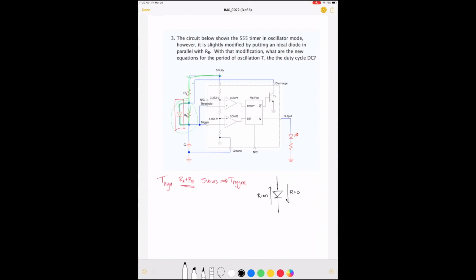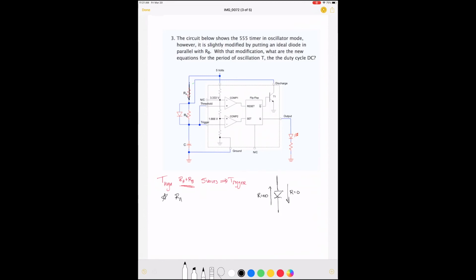So if we use that knowledge to solve for this problem, let me erase some of this green stuff up here. We know that we want to go from 5 volts to the trigger, so we're going to have to pass through RA. If we're going to write our new equation, I'll put a star here. This will be our new equation for the resistance from the 5 volts to the trigger.